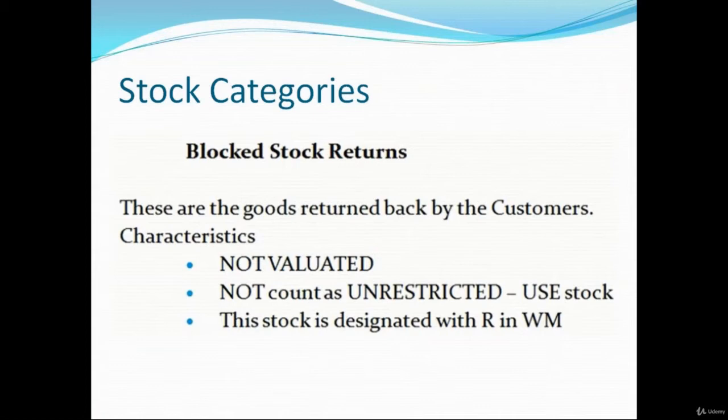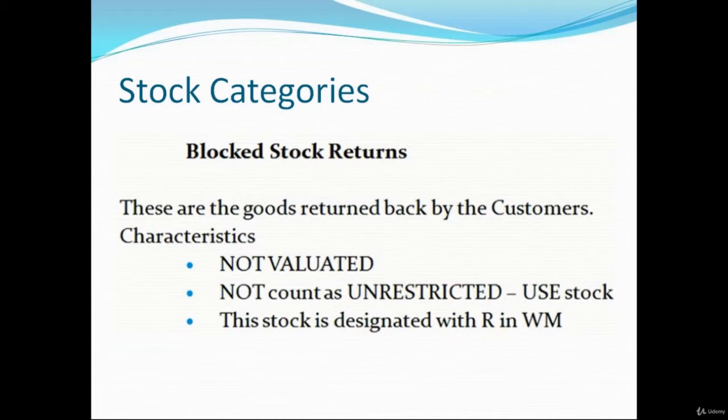Fourth one is blocked stock returns. These are the goods returned back by the customers. As I told earlier, there could be instances where your company will be a vendor company to other companies, and you will be sending out the materials to the customers, and there can be instances where the material will be returned back by the customers.